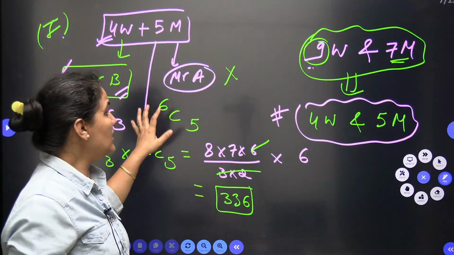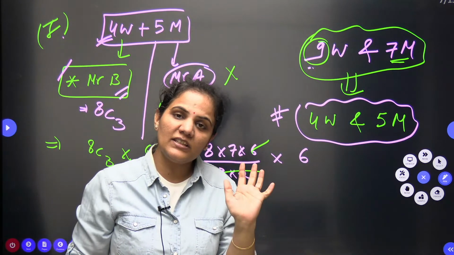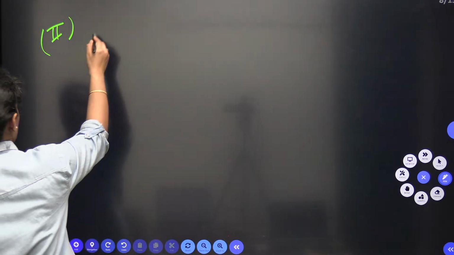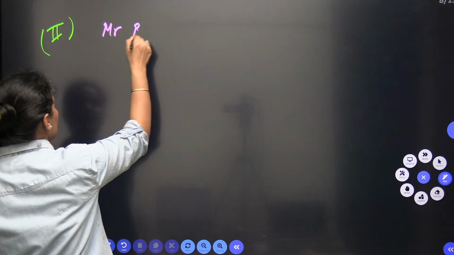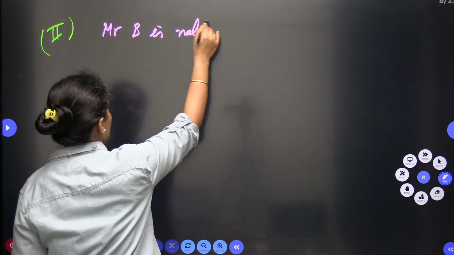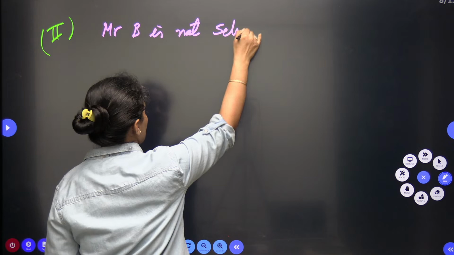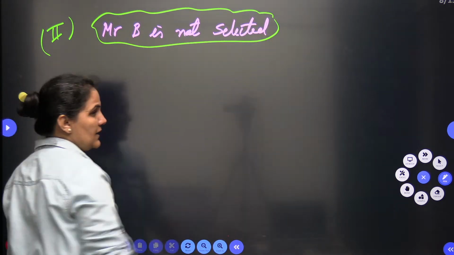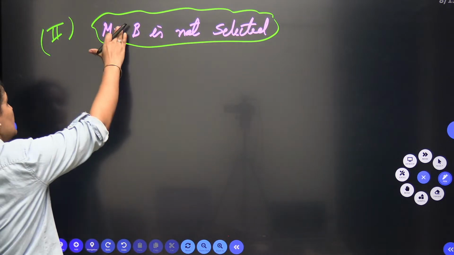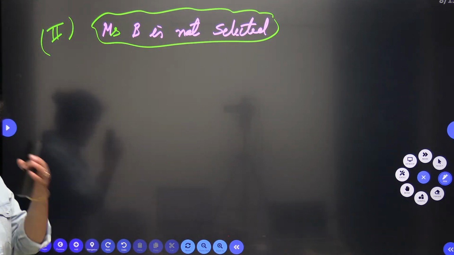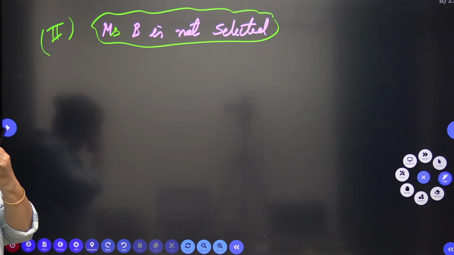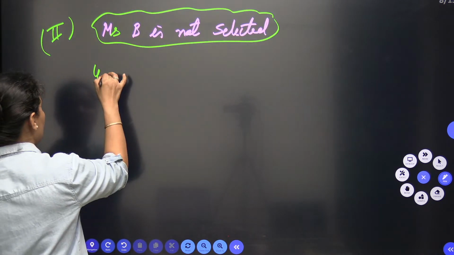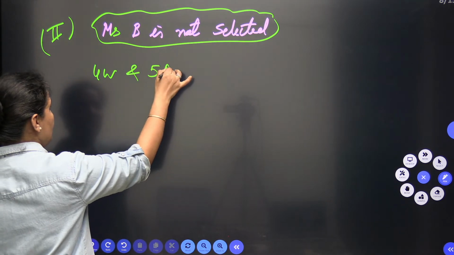Now let's come to the second case, when Miss B is not there in the committee, then definitely Mr. A will be there in the committee. So here Miss B is not selected, so I need to go with the base of Miss B. When Miss B is not selected, I need to make a committee of 4 women and 5 men.